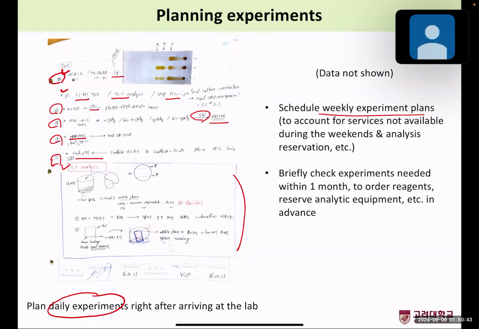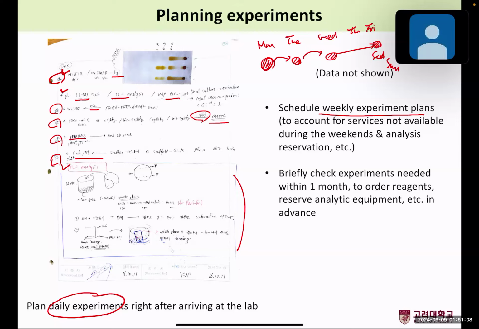But I also make weekly plans, right? So for example, Monday, Tuesday, Wednesday, Thursday, Friday, Saturday, Sunday. For example, I need to do this experiment. I need to start this, and then I need to prepare this on Tuesday, and then I start the experiment on Wednesday, and then finish on Friday, right?